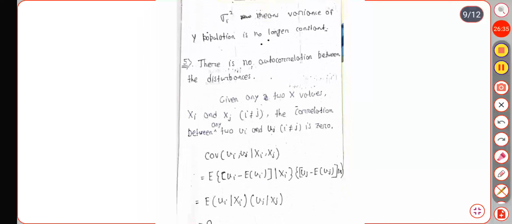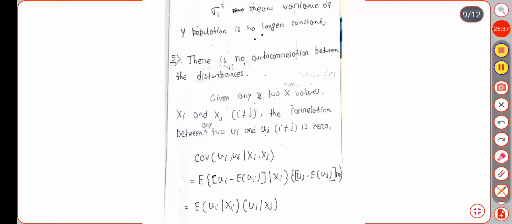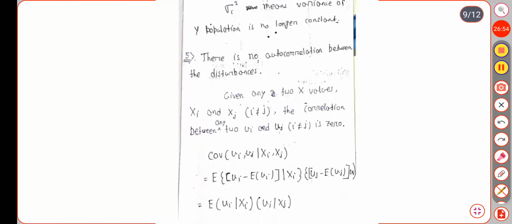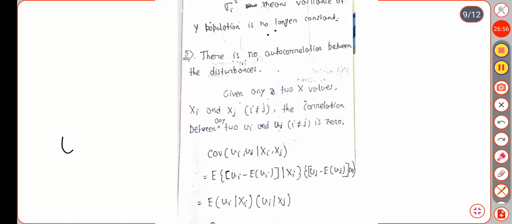The fifth assumption tells that if there are two x values, and with respect to those two x values we have two different error terms, then these two different error terms have no correlation between them. More specifically, suppose I have an error term of this period, that is the current period, and I have an error term of the previous period. Then these two error terms have no correlation between them. I can take an example of this.